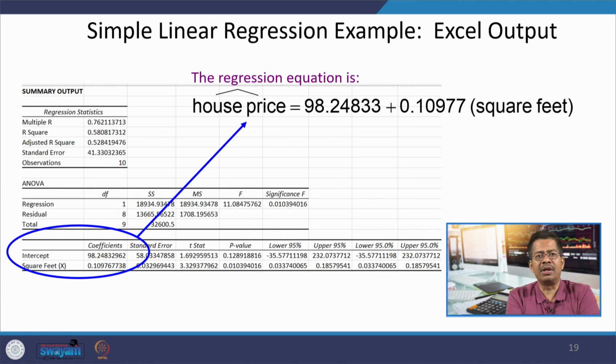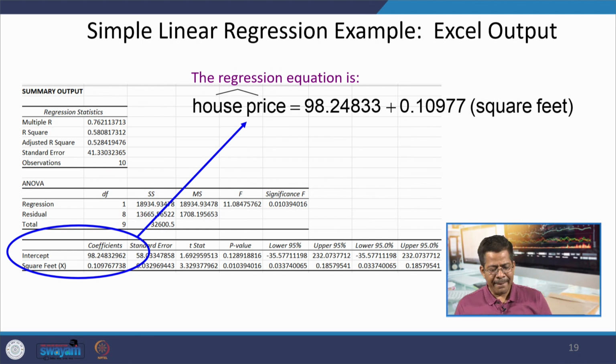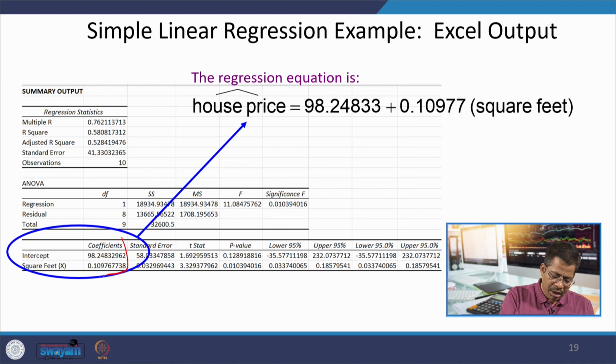The regression outcome which comes is like this type of outcome in the Excel table, which is easily readable. Now, there are many things which are available in this table. I will not go to all of them at this moment. I am only interested in this outcome, where you get the value of B naught, and this is the value of B1.